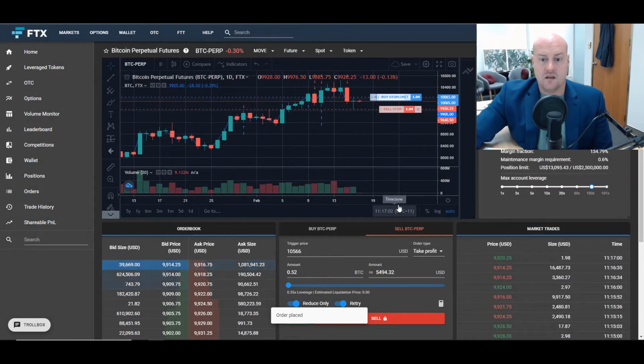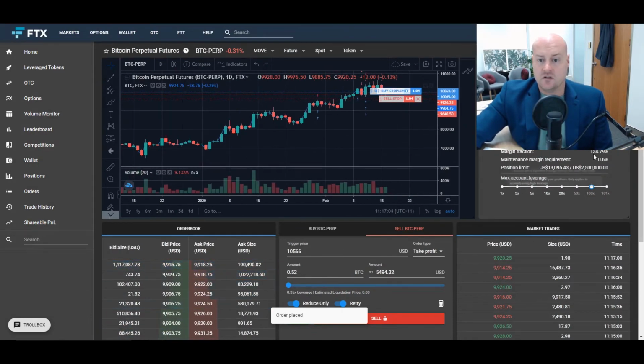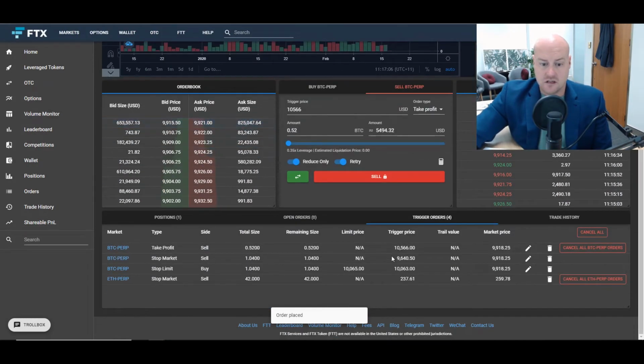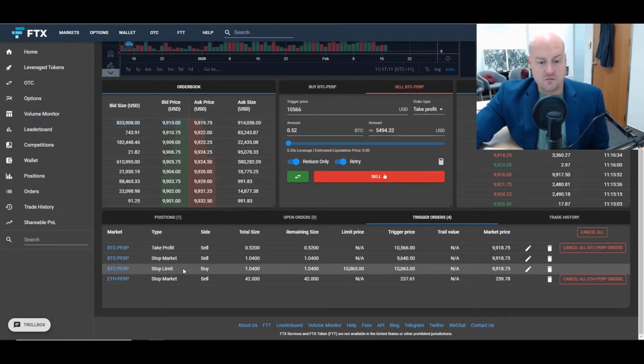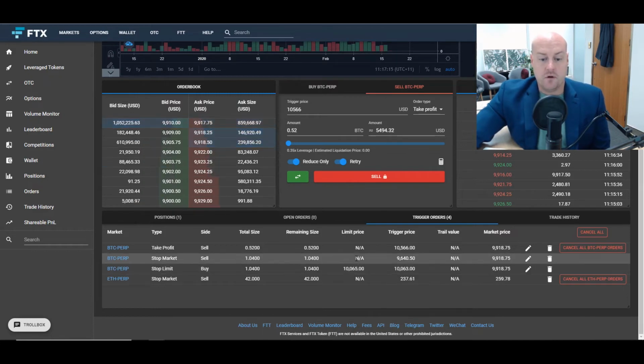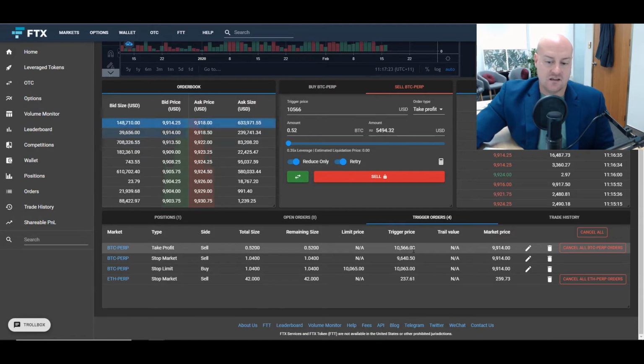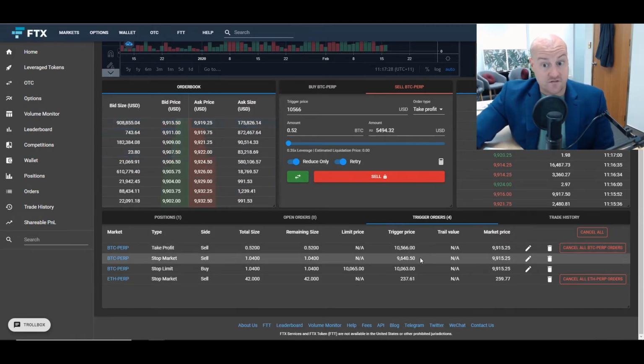You can see that the order has now gone in. For Bitcoin Perpetual, I've got my entry, which is my stop limit at 10,065, my stop loss at 9,640.5, and my first target there is 10,566.